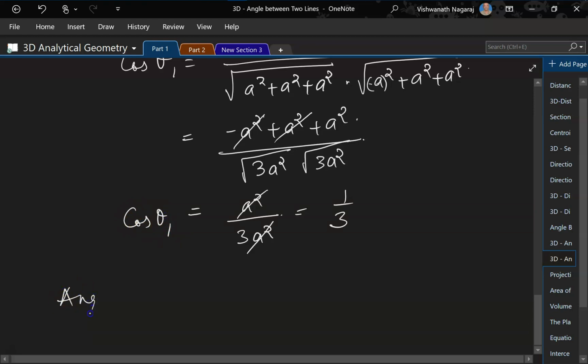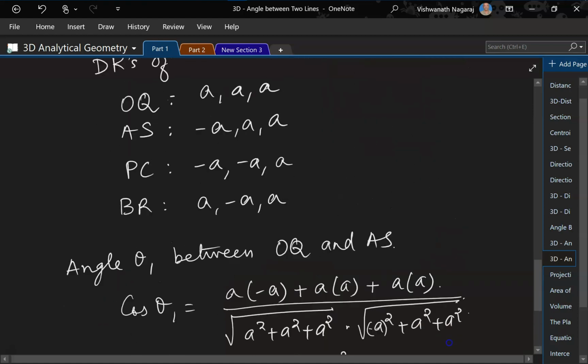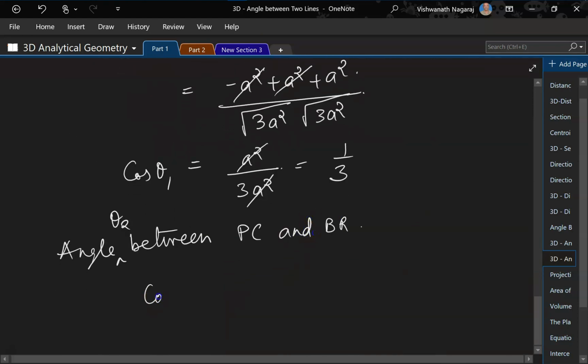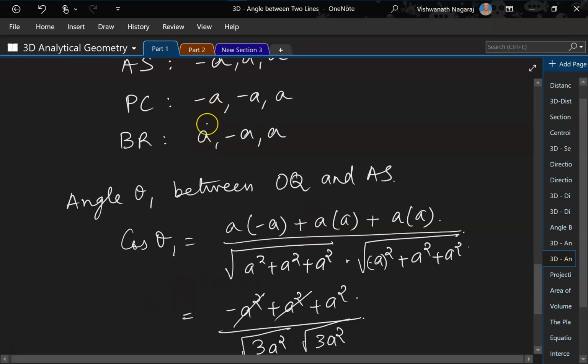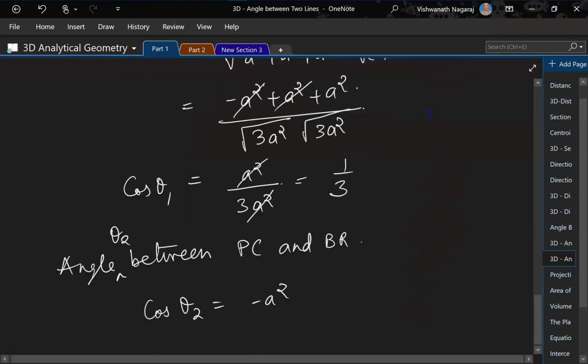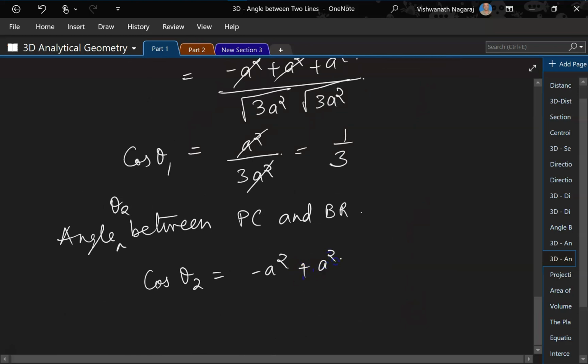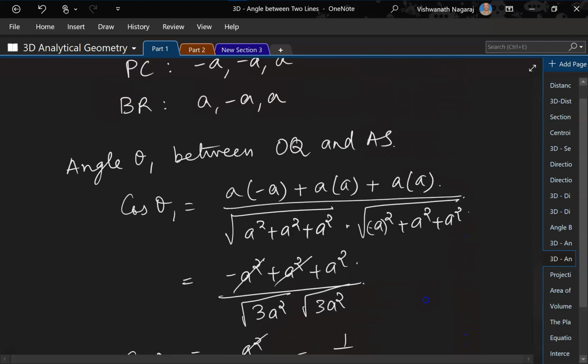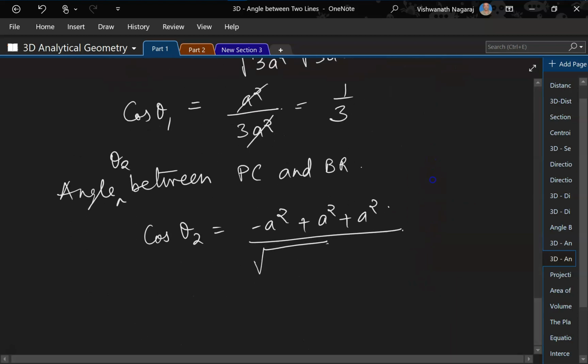Now let's look at the angle, let's say theta 2, between PC and VR. So again cos theta 2 is equal to minus A square plus A square, minus into minus, plus A square plus A square, divided by square root of, again here, because we have squares, the minus signs will disappear.